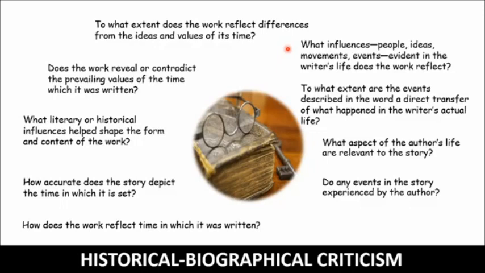What literary or historical event influenced or helped shape the form and content of the work? Does the work reveal or contradict the prevailing values of the time in which it was written? To what extent does the work reflect differences from the ideas or values of the time? And what influences, people, ideas, movements, events are evident in the writer's life?